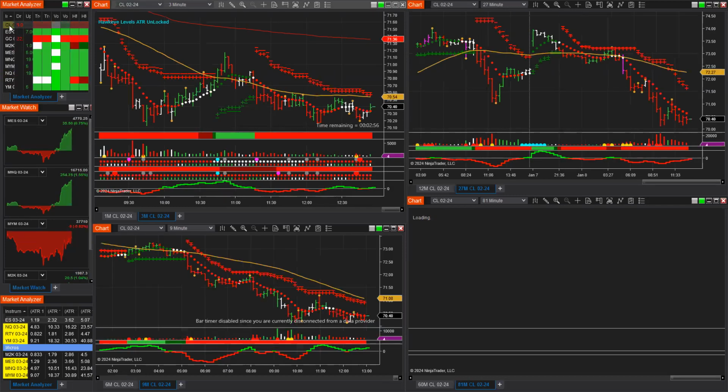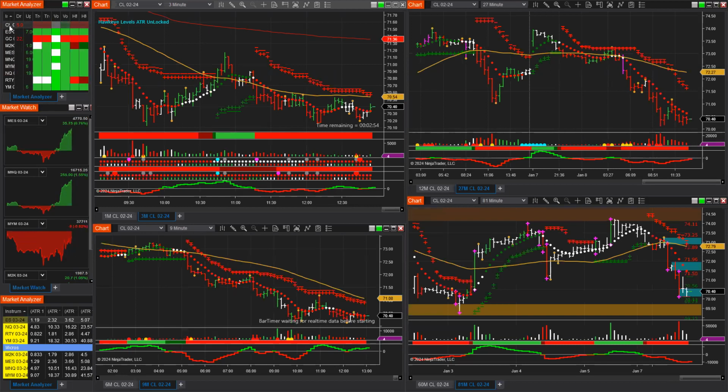Here's the crude oil futures. It's currently on the February contract. Looking at 3-minute, 9-minute, 27-minute. Really strong down move. Once we broke down through the 50 SMA, came down, held, came back up again, could not create a new high, broke. And then this right here was the trigger for the entry to the south.